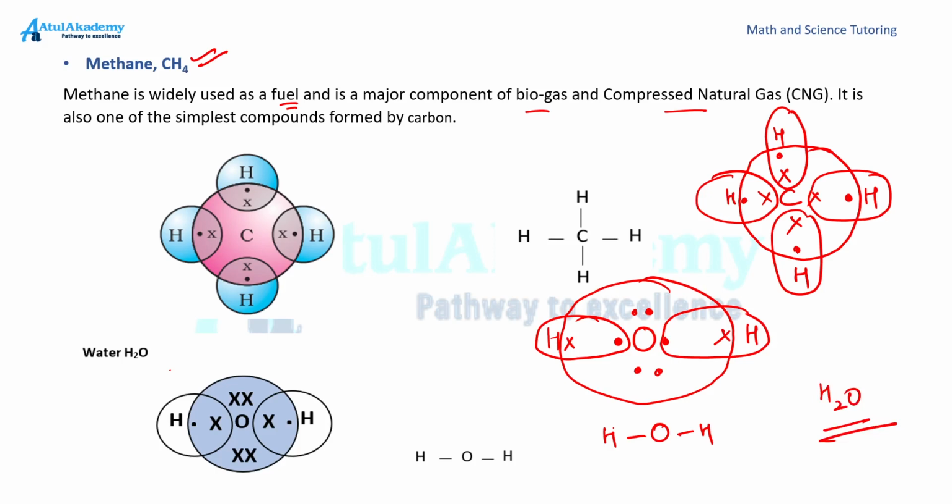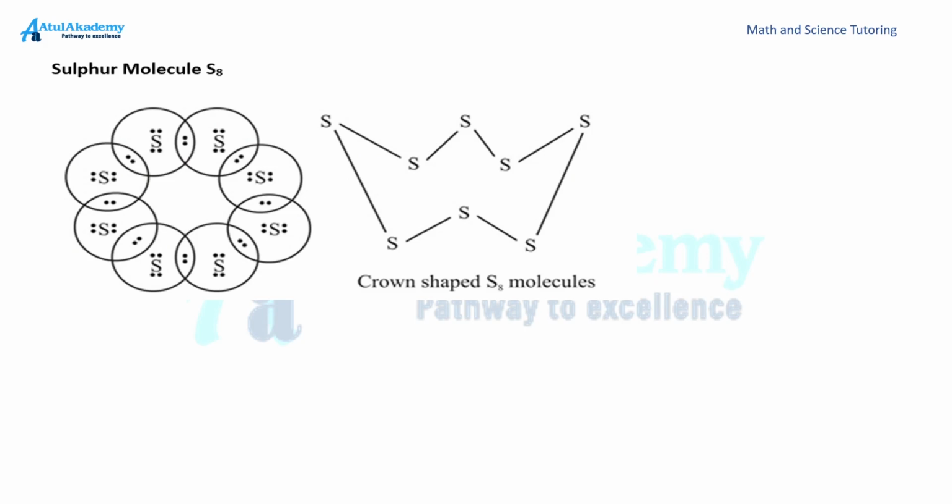One more example is there for sulfur molecule. Sulfur is in the same group as oxygen. So its atomic number is 16 and its electronic configuration KLM will be 2, 8 and 6.